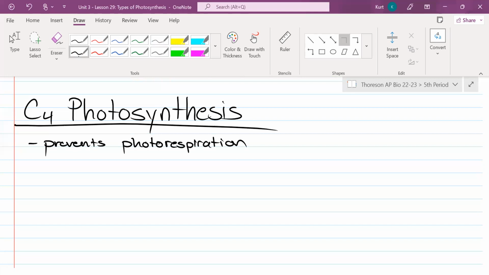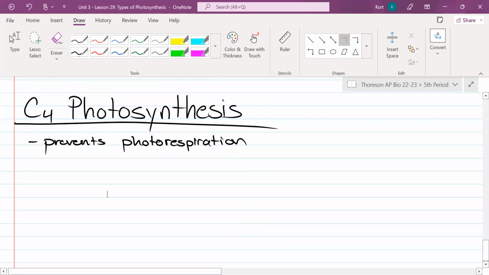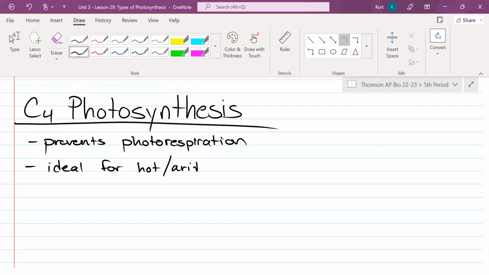It cannot risk any loss of energy or inputs that it requires. So it's not going to go through photorespiration. I'll show you how. It is ideal for hot and arid, meaning dry, climates.